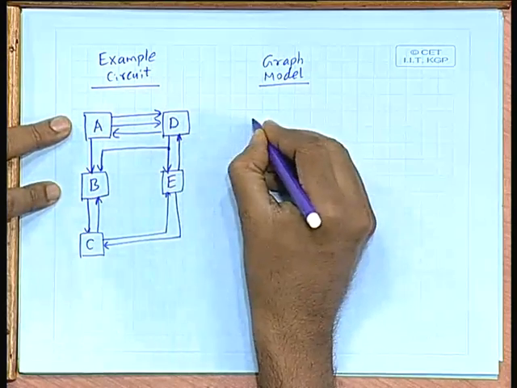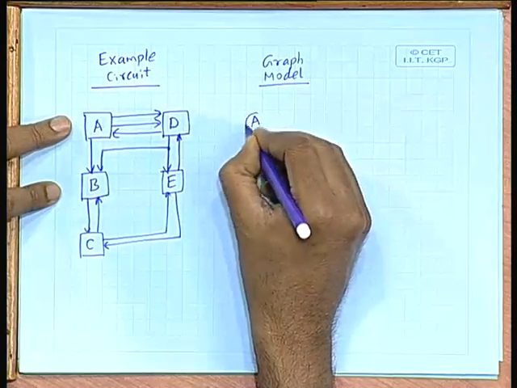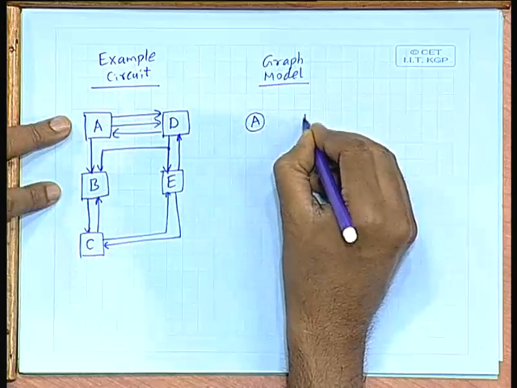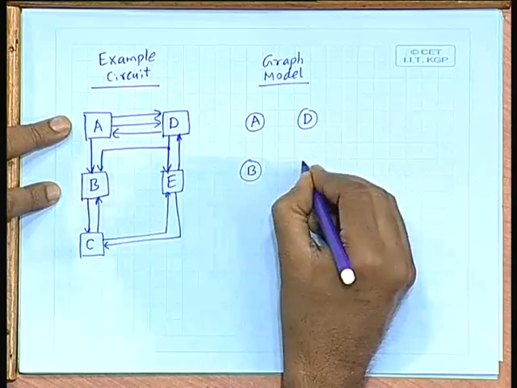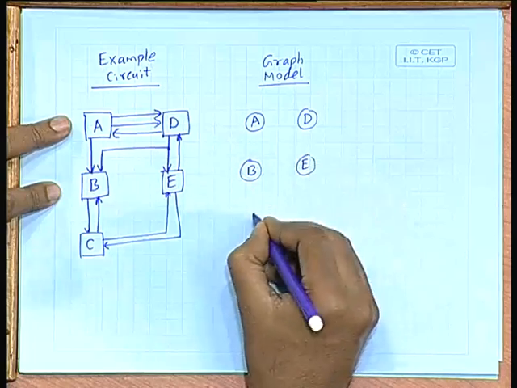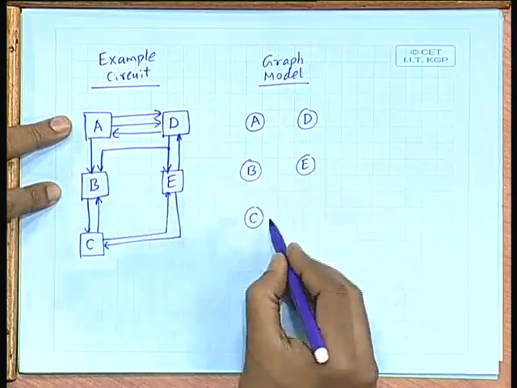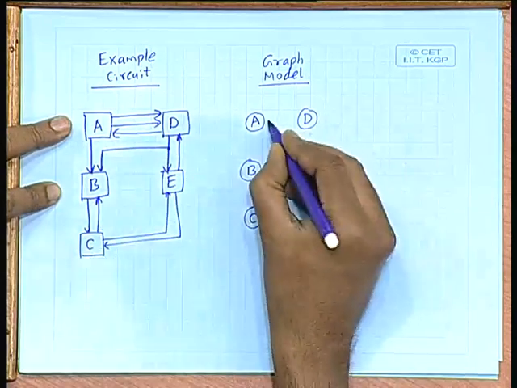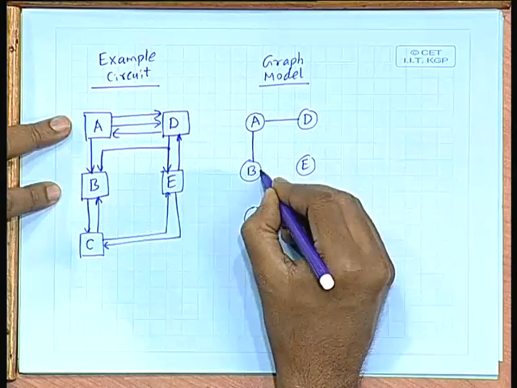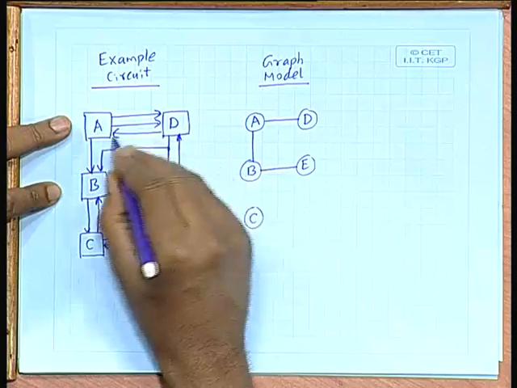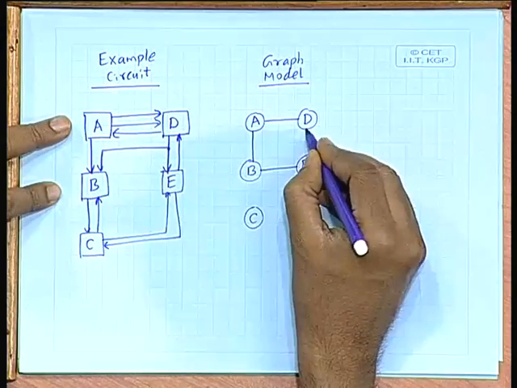Here the partitions will be represented as vertices, and if two partitions are connected, they will be joined by an edge. This can be a weighted graph also, indicating the number of connections there.